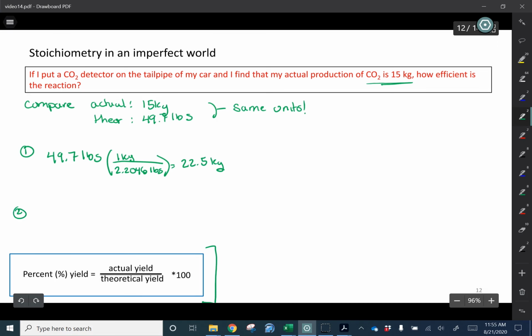Our second step is calculating our percent yield. And this is pretty simple. We're going to take what we actually got, that's 15 kilograms, divide that by 22.5 kilograms, and multiply that whole thing by 100, and we should end up with a 66% yield.